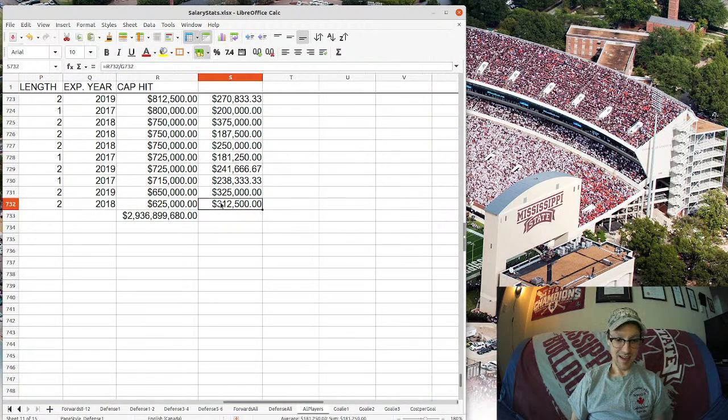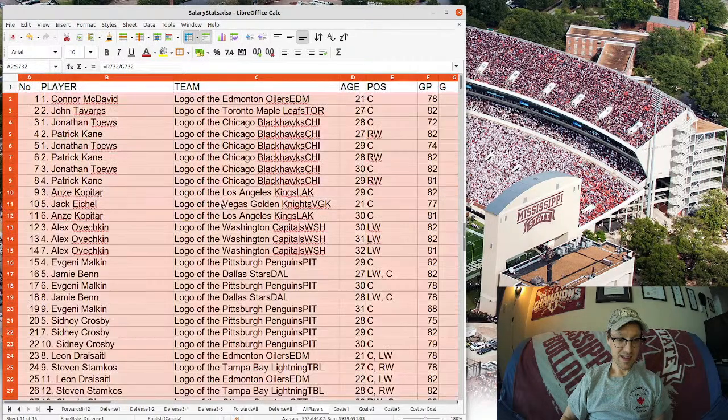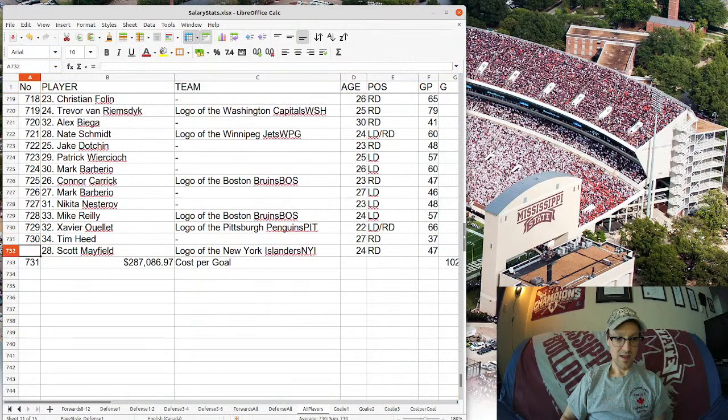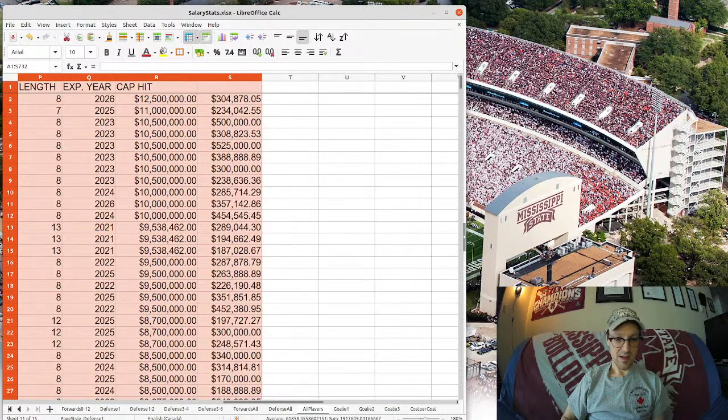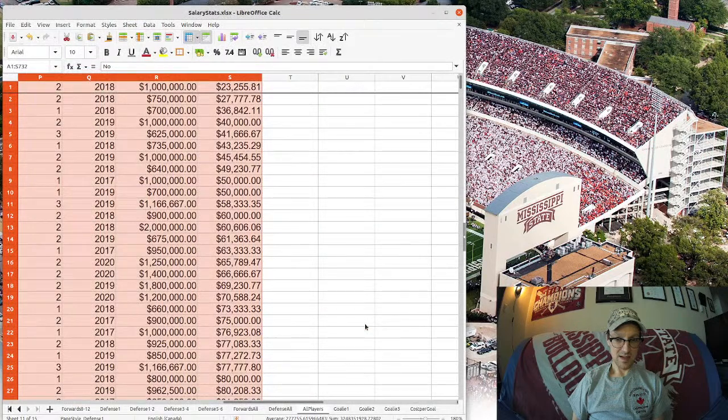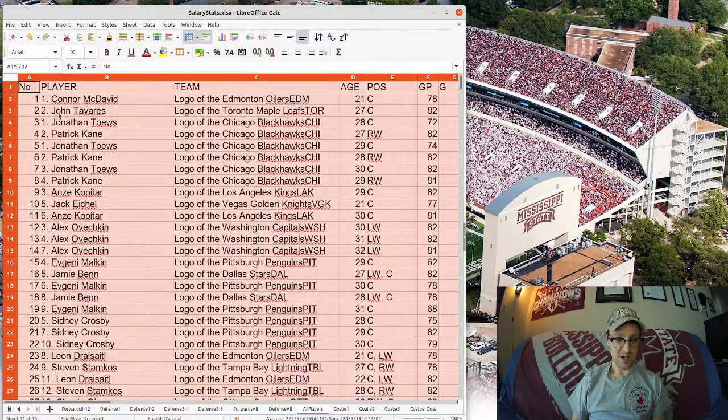Okay. We want ascending column S. That doesn't work.